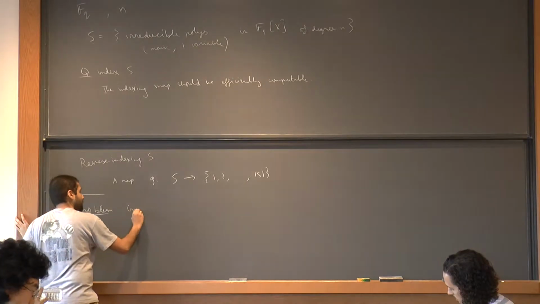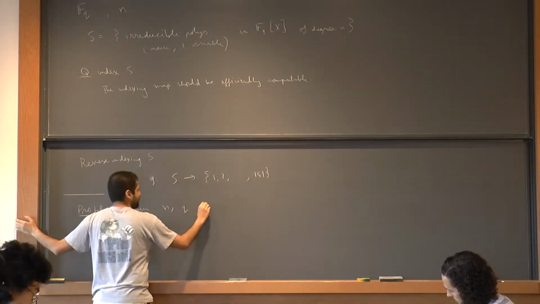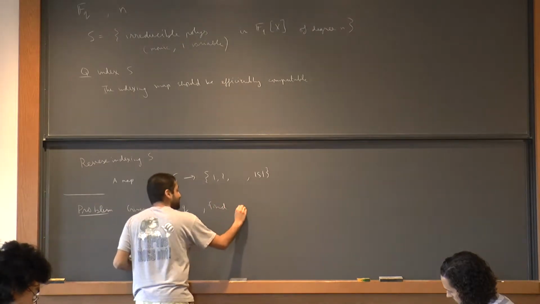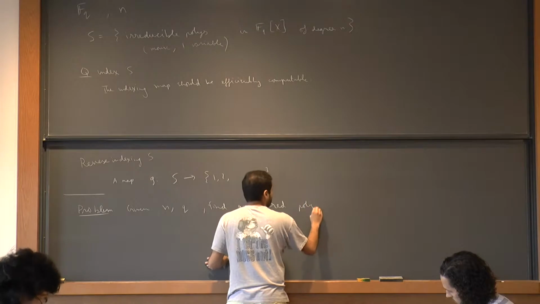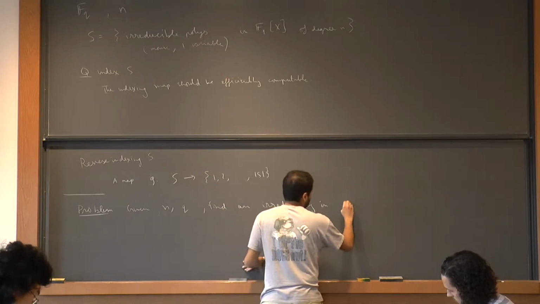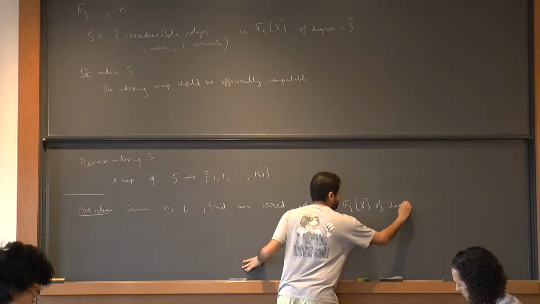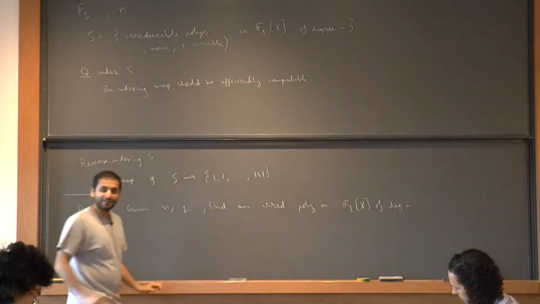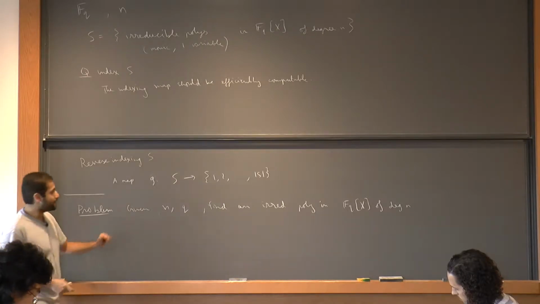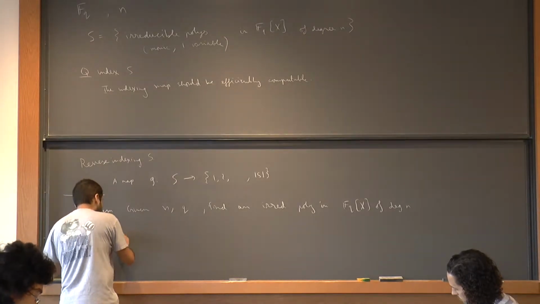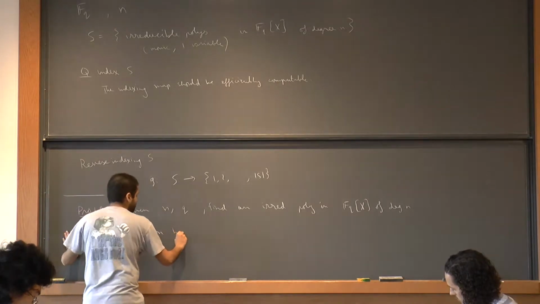Given n and q, find an irreducible polynomial in Fq[x] of degree n. And we don't know how to do this deterministically in polynomial time. But we do know how to do this, so it's only known how to do this.